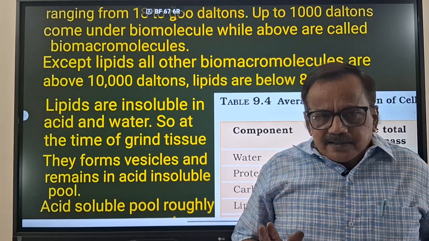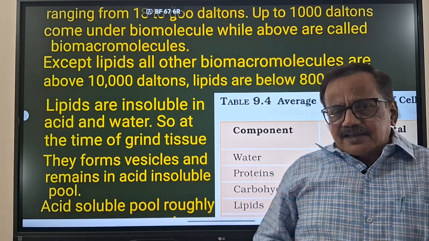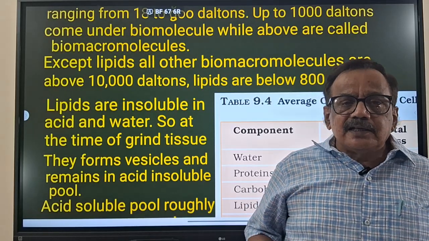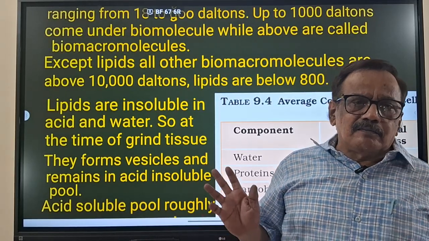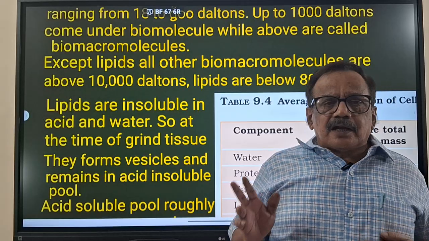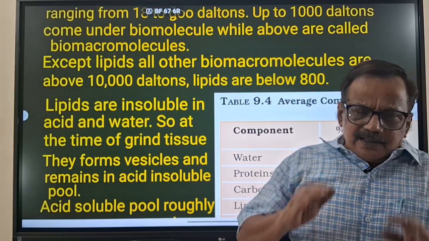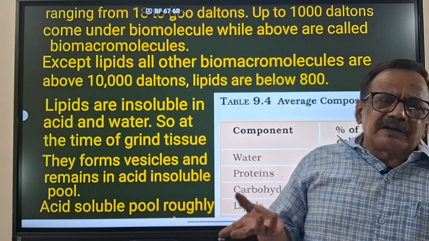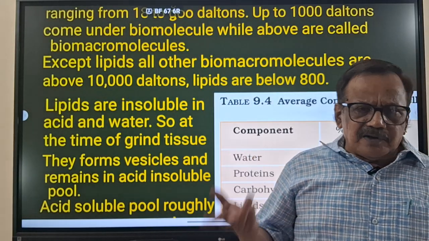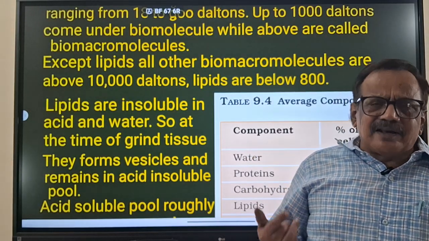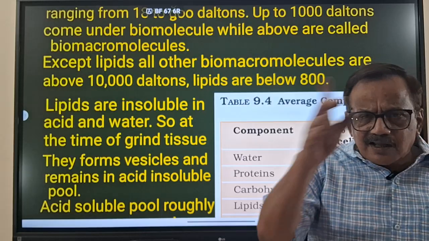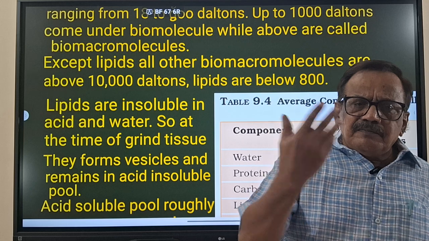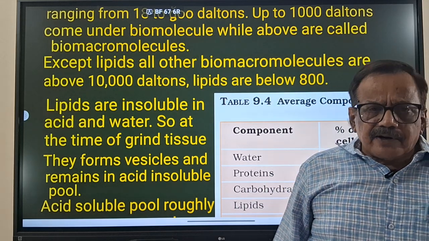One more thing you remember here: all the membranes present inside the cell show the plasma membrane model, that is the unit membrane model given by Robertson. That means any membrane, endoplasmic reticulum, Golgi complex, nuclear membrane, tonoplast around the vacuole, all these are like a plasma membrane only.